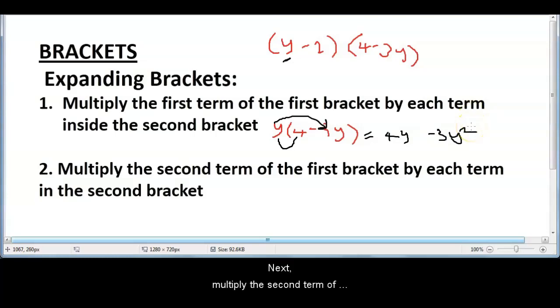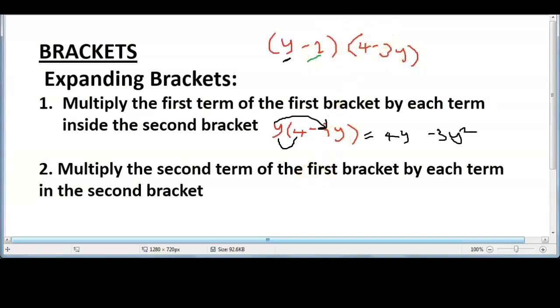Next, multiply the second term of the first bracket by each term inside the second bracket. The second term of the first bracket is minus 2. So I'm going to multiply minus 2 by 4 and minus 2 by minus 3y.